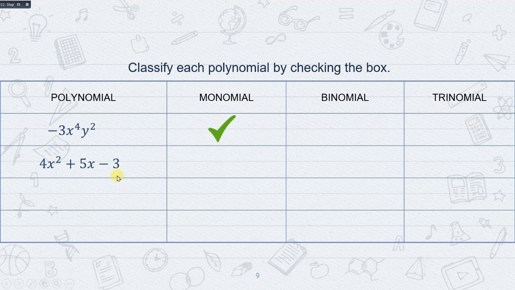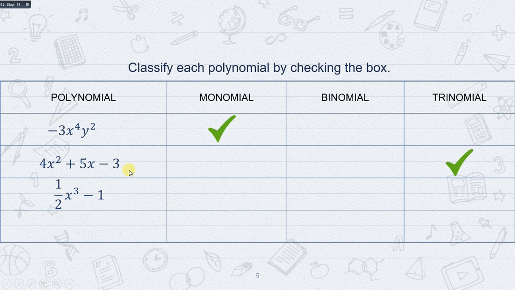If we count all the terms, the first term is 4x squared, the second term is 5x, and the third term is 3, which is a constant, and they are all separated by addition and subtraction. So that's 1, 2, and 3, this will be a trinomial.